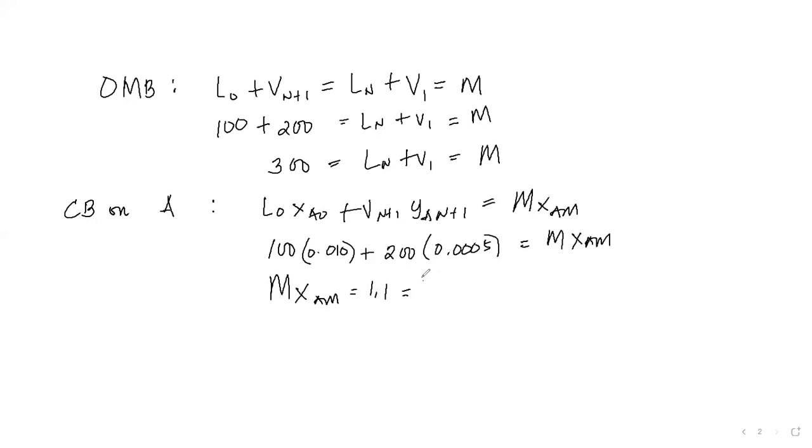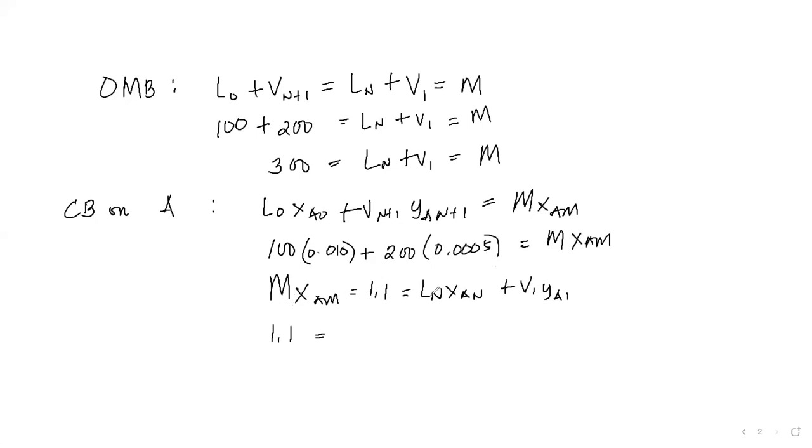And this can be equated to a different set. So this could be equated to Ln XAn plus V1 YA1. Okay? Now, we have 1.1 is equal to, we do not know Ln, but it could be expressed in terms of V1, in the same way that we don't know V1, but it could be expressed in terms of Ln.